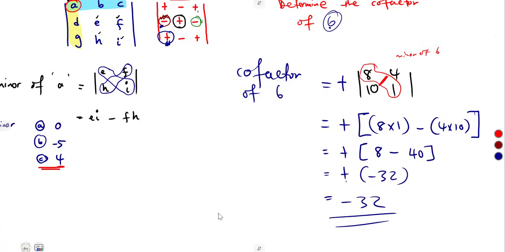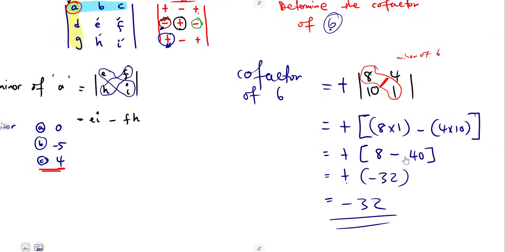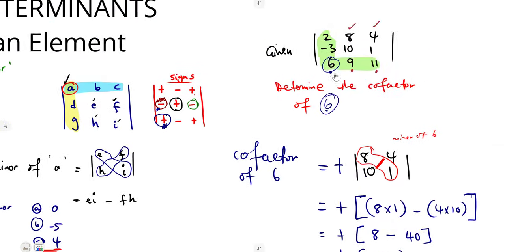So it's not about most of you saying that if I calculate the minor and obtain a negative, the cofactor has to change sign. No, it depends on the sign that corresponds to that element, that number 6.